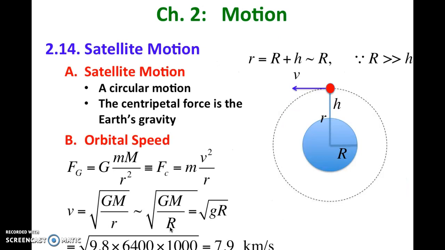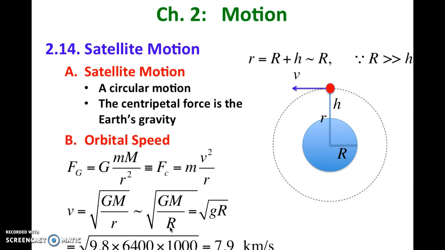The last section of this chapter is about the satellite motion. It is a circular motion, and the centripetal force is the Earth's gravity. For low Earth orbits, the height of the satellite above the ground, h, is negligible in comparison with the Earth's radius, big R, which is 6,400,000 meters.